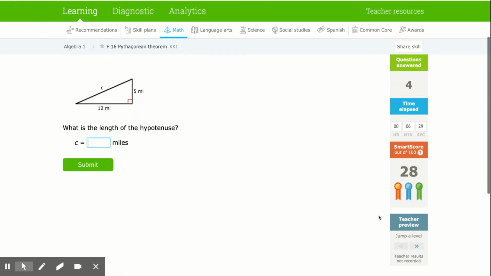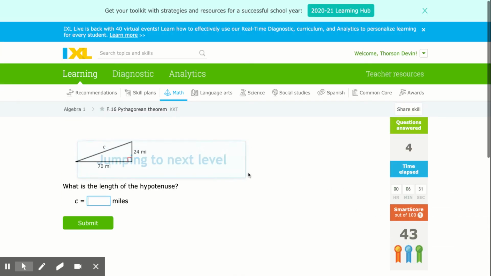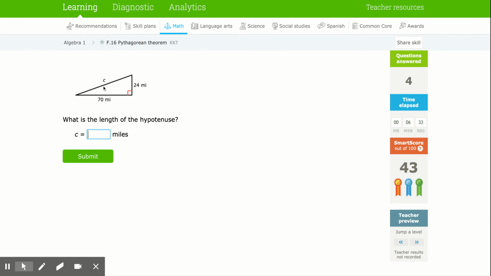That's Pythagorean's theorem. I'm going to jump ahead. I really thought that at some point it gave you the length of the hypotenuse, and missing one of the side lengths, then you would actually subtract. But it's not doing that for some reason. 70 squared, by the way, is going to be 4,900.